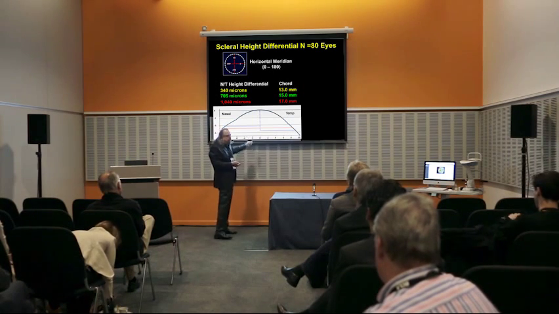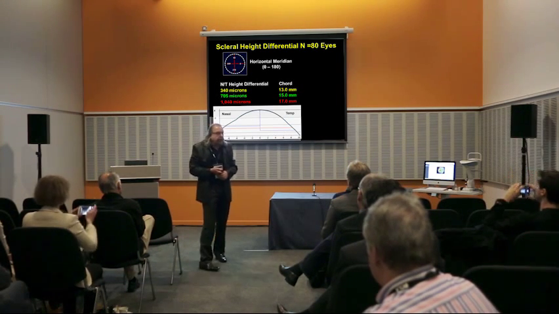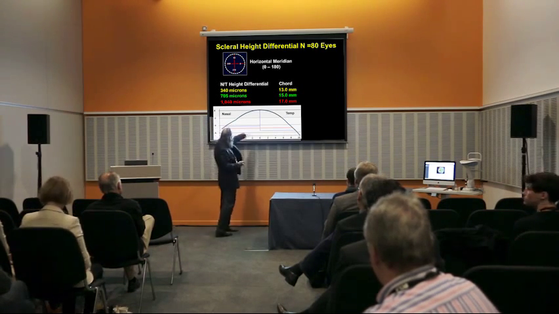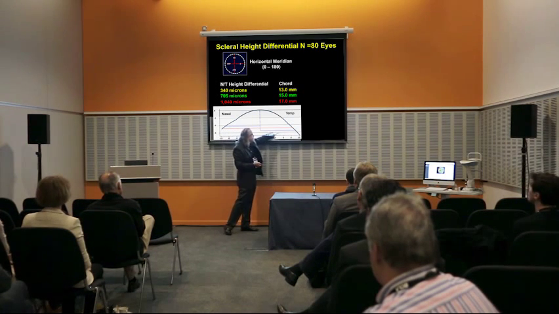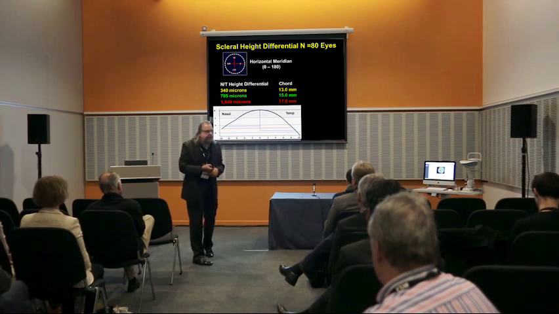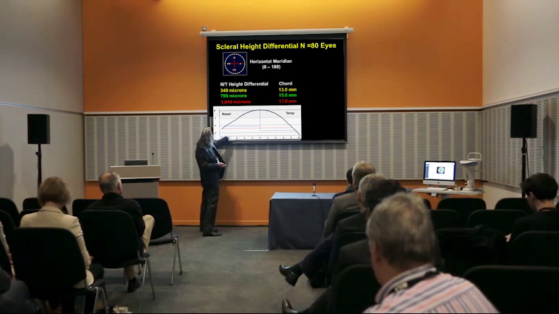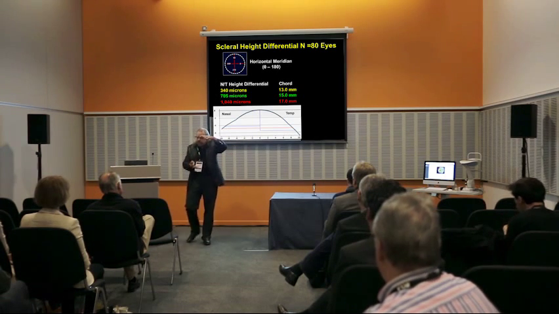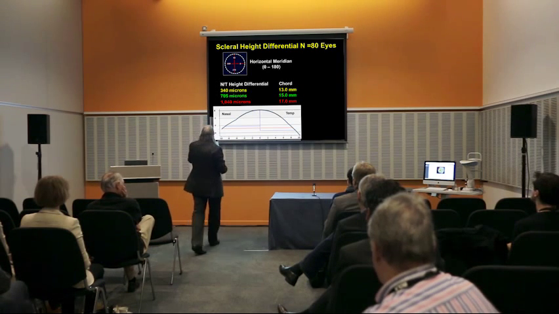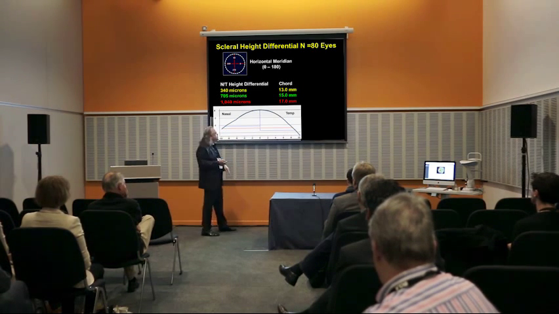But as we go to bigger and bigger diameter lenses and get up to 17 millimeter chord, we now see that that differential is fairly significant, nasal versus temporal side of the eye. The beauty of the eye surface profiler is it can identify this very quickly. This red line provides a mean sagittal height along that horizontal meridian, but the actual height differential can be seen with this measurement versus this measurement.